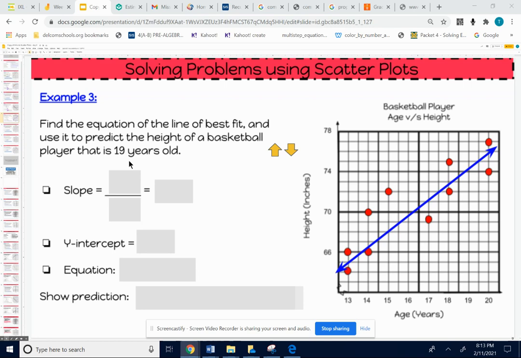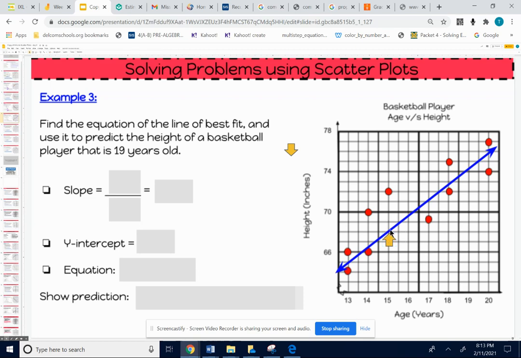The trickiest part is the slope, because to find the equation of this line, we need the slope and the y-intercept. For the slope, what I would do is find two corner points on the blue line. Ignore the red dots. This looks like a really good point on a corner that's also on the line.